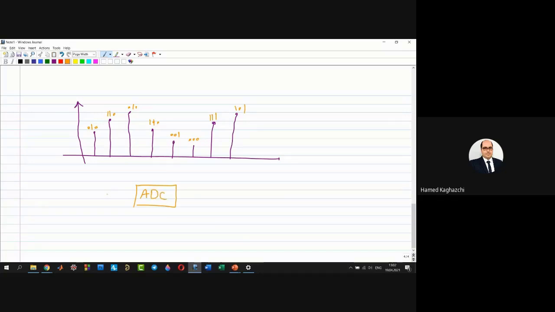Analog to digital converter. 0, 1, 0. 1, 1, 0. 0, 1, 0. Up to the end. Now what is this digital signal? It is like that. At 1 I have low level, at 0 I have high level, at 0 I have low level. Now this is a digital signal.